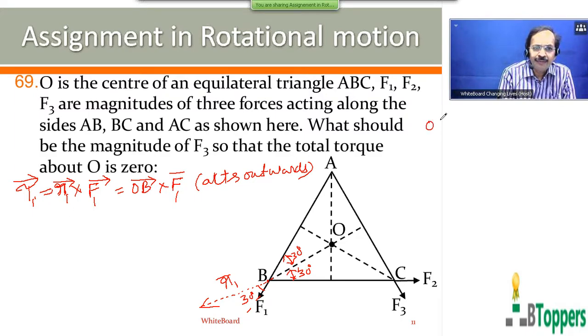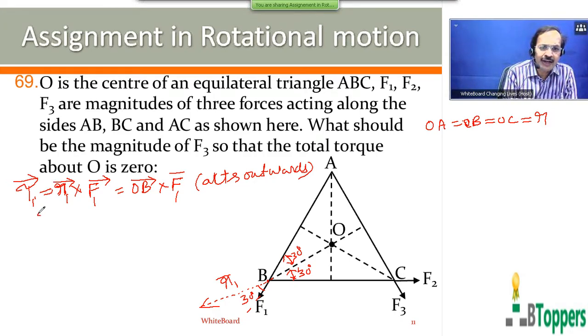So let OA equal to OB equal to OC here, each distance denoted by R. All the three vertices of an equilateral triangle will be at the same distance R from the centroid. Here O is the centroid of the equilateral triangle, which is the point of intersection of the three medians of the triangle. That is, mod of R1 bar is R. The same way mod of R2 bar is also R. Mod of R3 bar is also R.